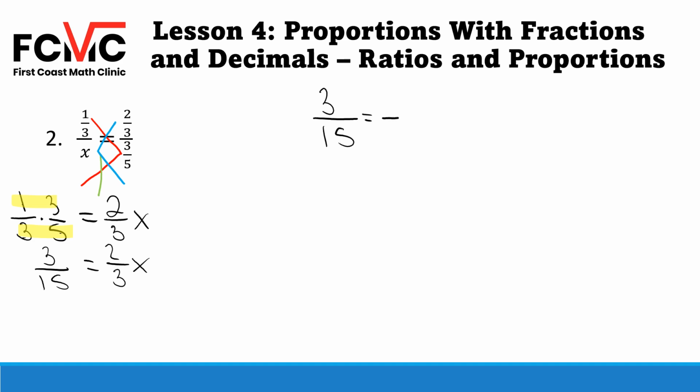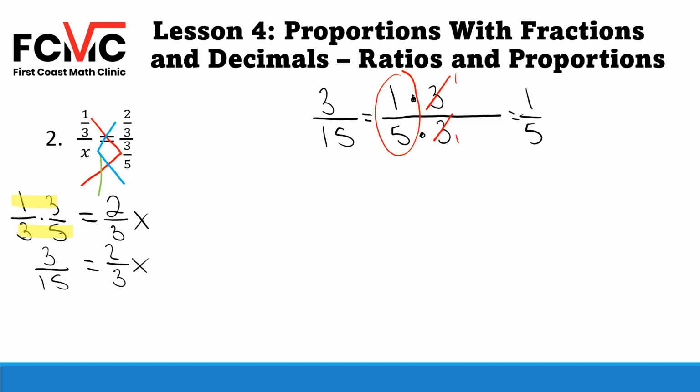So our GCF, greatest common factor, for 3 and 15, we can break up 3 into 1 times 3, 15 into 5 times 3, right? 3 divided by 3 is 1 and 1, so this fraction simplifies to 1 over 5.